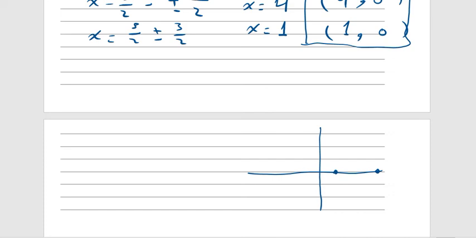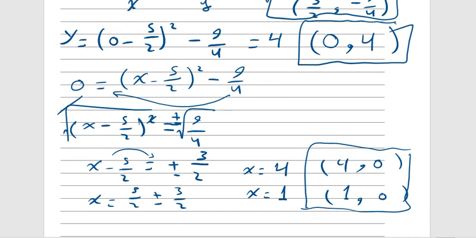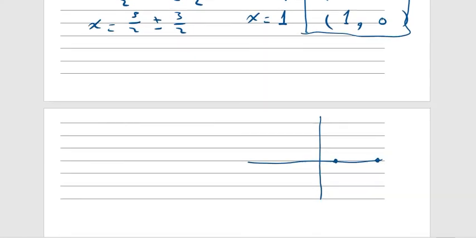We can get first the point of intersection with the y-axis, it's 0 and 4. Here it's 0, here it's 4. So this point.